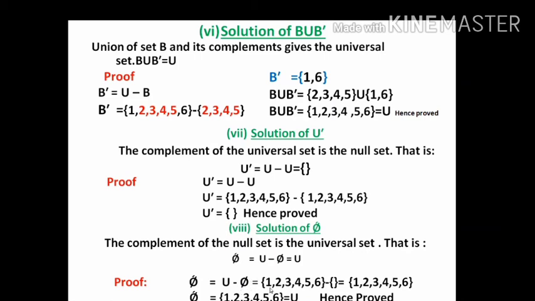That is equal to the members of the universal set minus sign, then the empty set. So the result will come 1, 2, 3, 4, 5 and 6. So the result shows that the members of the complement of phi are equal to the members of the universal set, means that left hand side is equal to right hand side, hence proved.